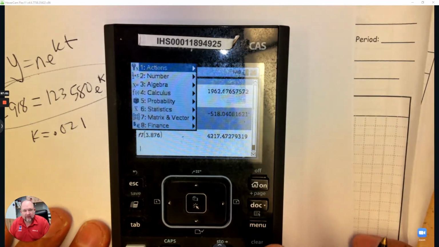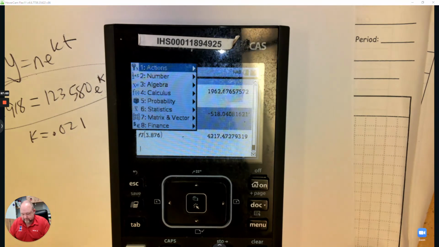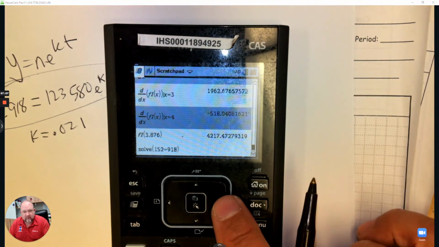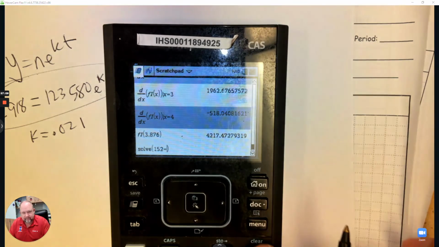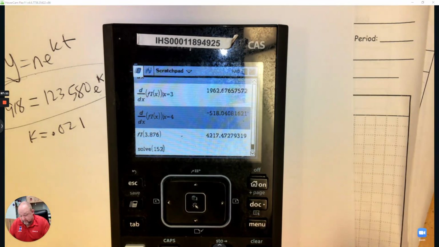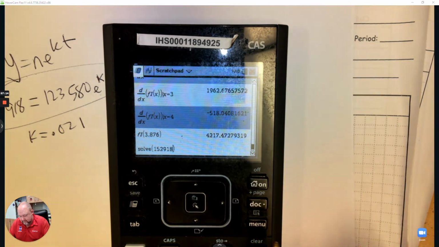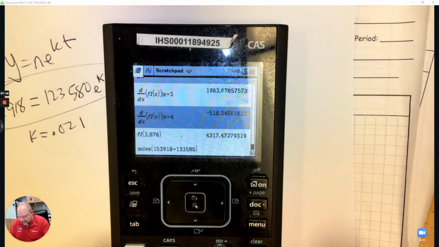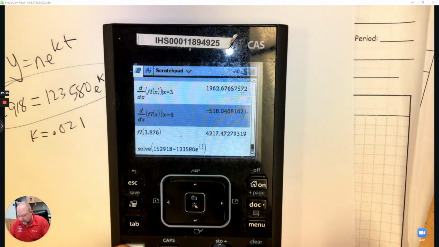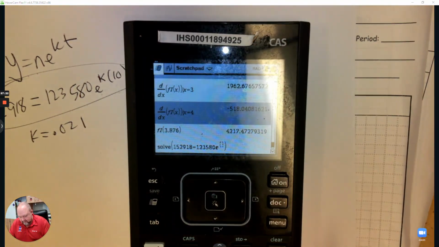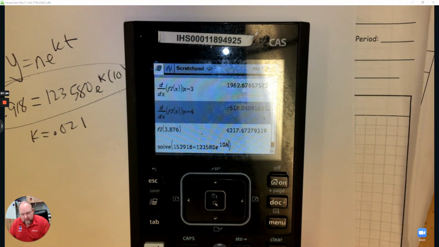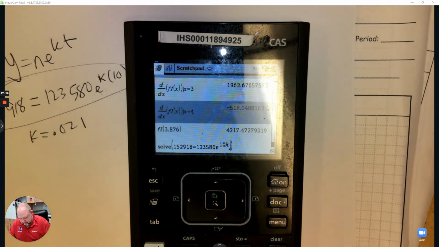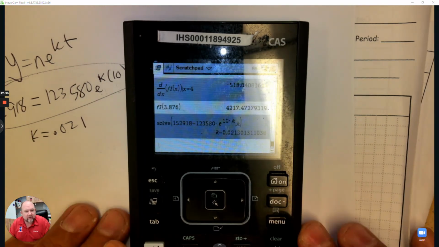So menu, algebra, solve, and we put in 152,918 equals 123,580. And then E, which is on the left side of your calculator. And then I said 10K, which is fine. And then go comma K. And it's about point that.